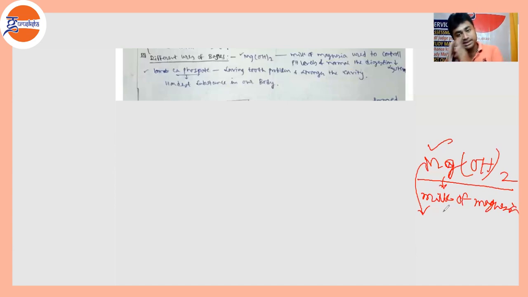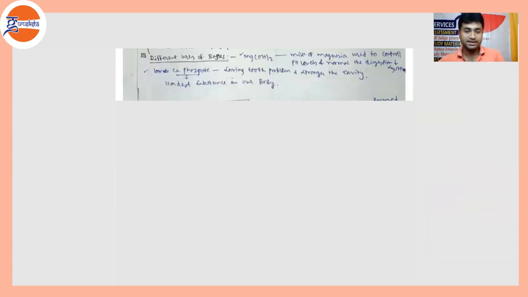To control this pH level in a neutral position as well as to maintain a proper digestive system, we basically use magnesium hydroxide, Mg(OH)2, milk of magnesia, the chemical name. So this is one important use of bases.